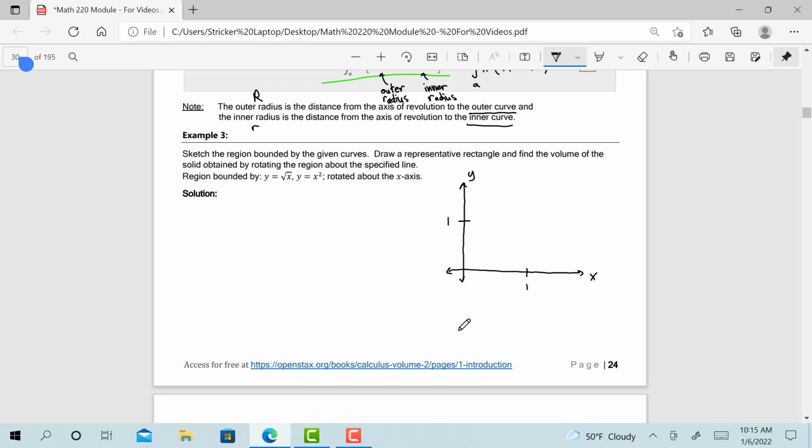Okay, we have y equals x squared. Y equals x squared is a simple parabola. It goes through the point (1, 1). Of course, it goes on this side as well. That doesn't look very symmetric. Let me redraw that over there.